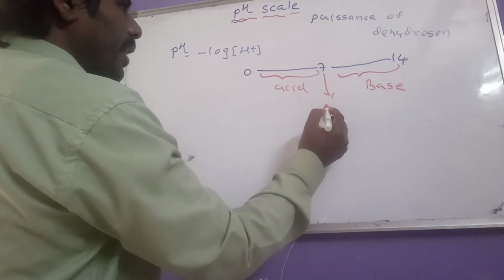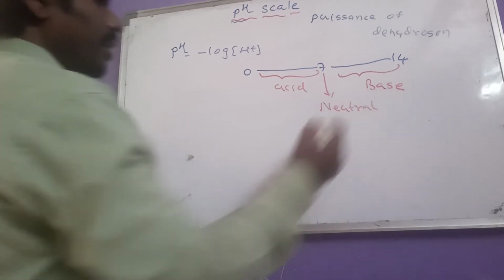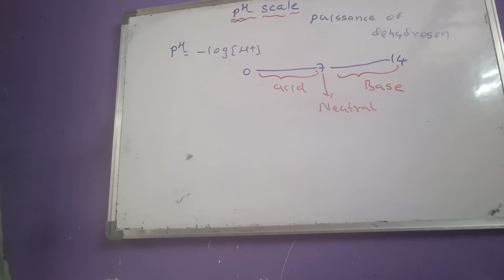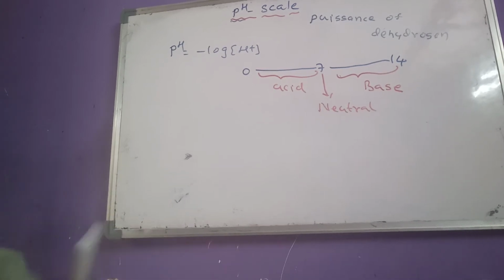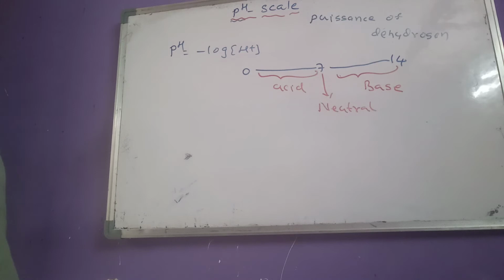And exactly pH 7 indicates the neutral nature of the substance or aqueous solution of that substance. So 0 to 7 acid, 7 to 14 base, exactly pH value 7 means neutral.